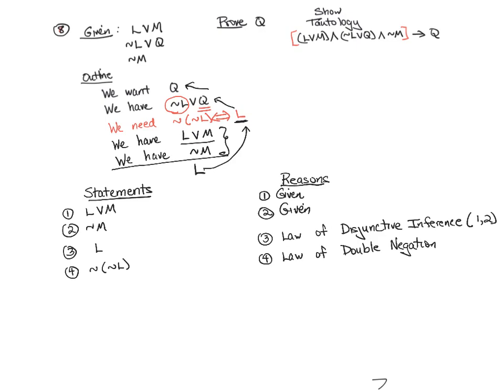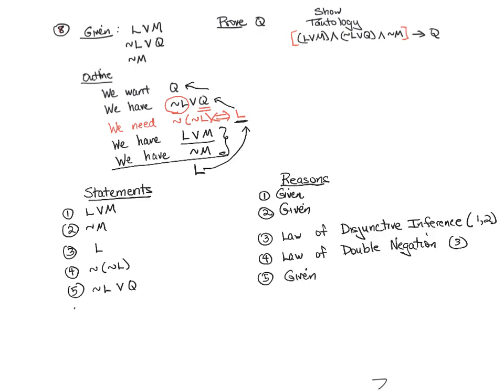And the law of double negation applies to only one statement, and that's 3, that L is logically equivalent to not not L. And then we can write the given not L or Q, and that is given.